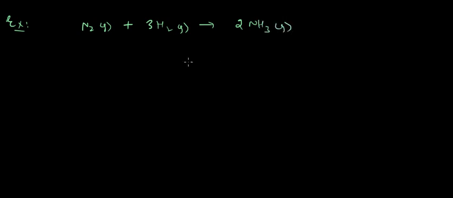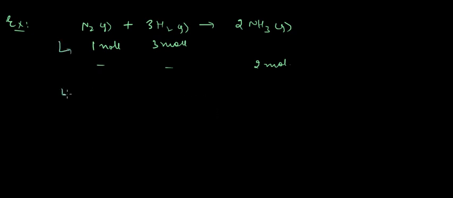So let's say another example of stoichiometry reaction. Suppose we have N2 plus 3 moles of H2 combining to form 2 moles of NH3. Initially it was 1 mole, it was 3 moles, and finally both would be exhausted to form 2 moles of NH3.